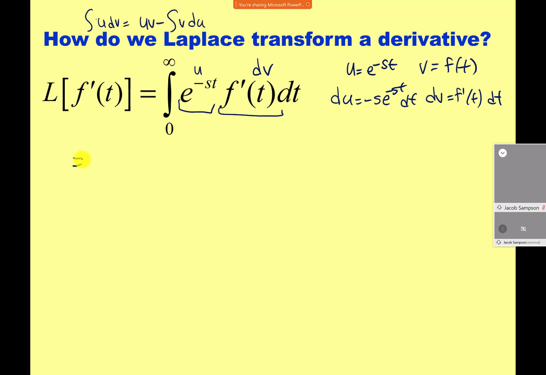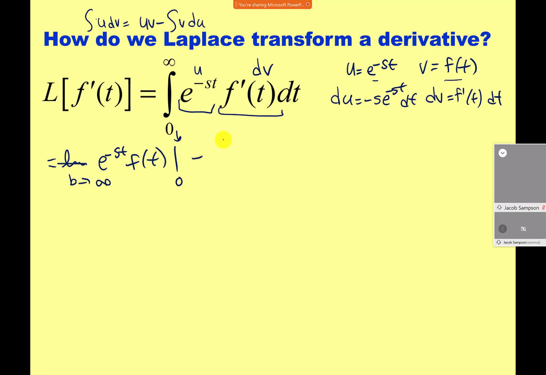So I need uv, so that's these two guys there at the top. That's e to the minus st f of t, evaluated from 0 to b, and we'll put the limit on here as b goes to infinity.